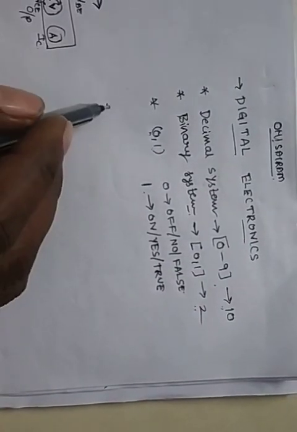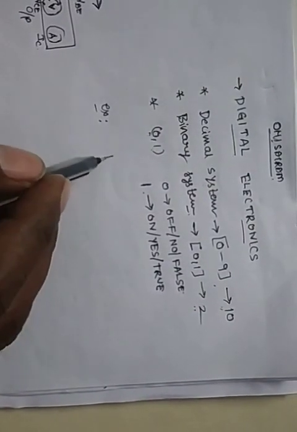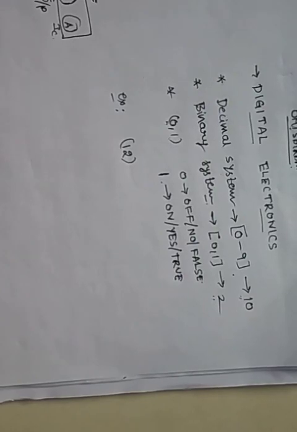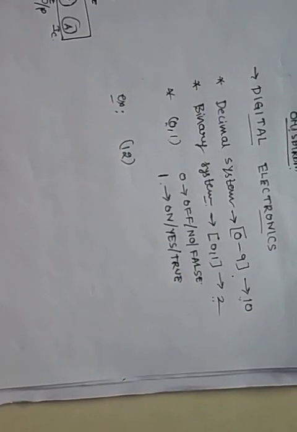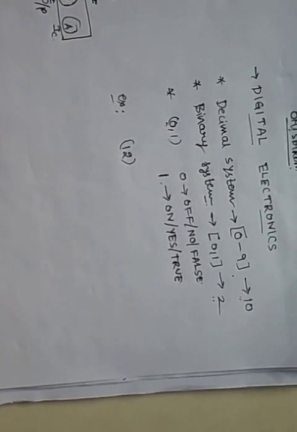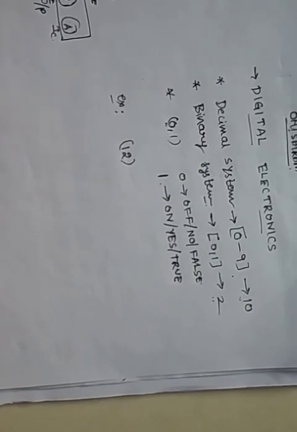For example, I want to convert the number 12 into the binary system. For that, what to do? Divide 12 by 2 until the remainder becomes the least, either 0 or 1.